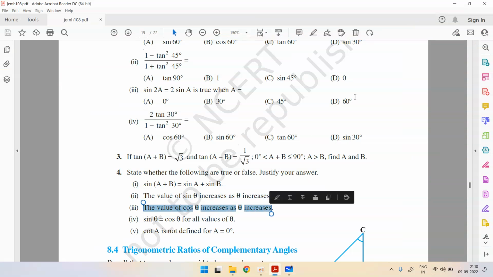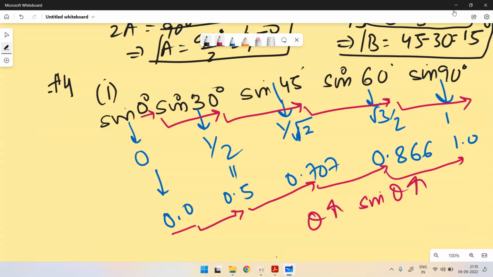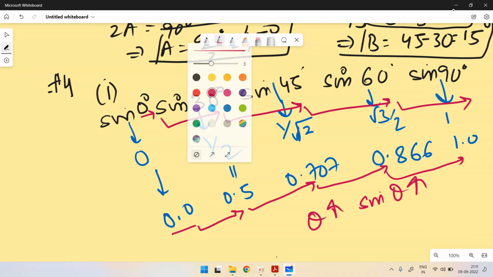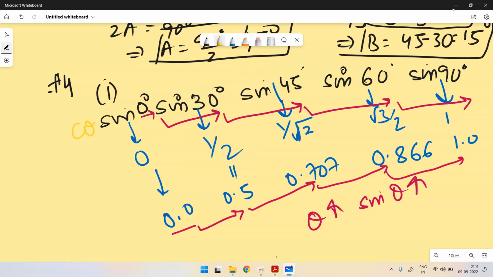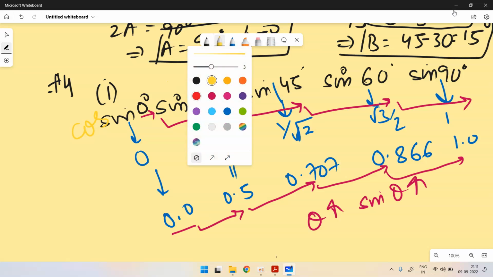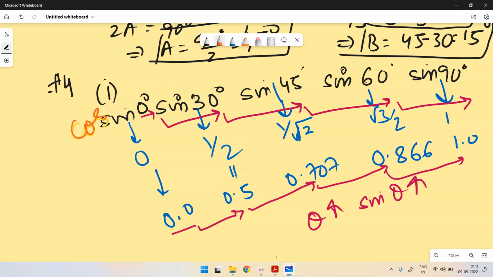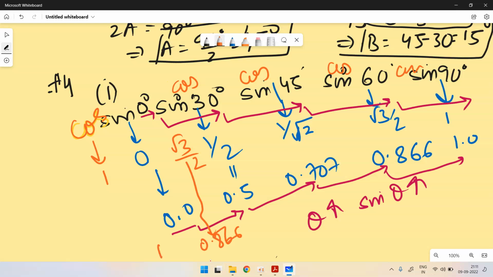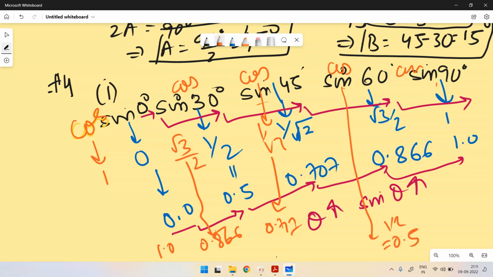Now, the value of cos theta increases as theta increases. No, this is false. If you see the values of cos 0, cos 30, cos 45, cos 60, and cos 90: cos of 0 is 1, cos of 30 is root 3 by 2, which is 0.866, cos of 45 is 1 by root 2, which is 0.707, cos of 60 is half, which is 0.5, and cos of 90 is 0.